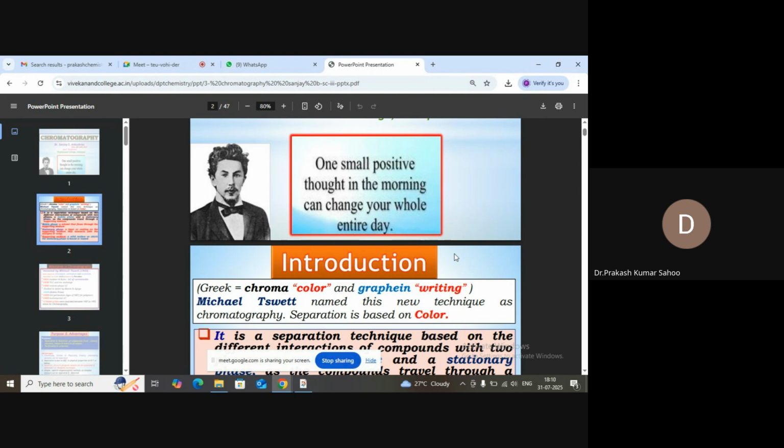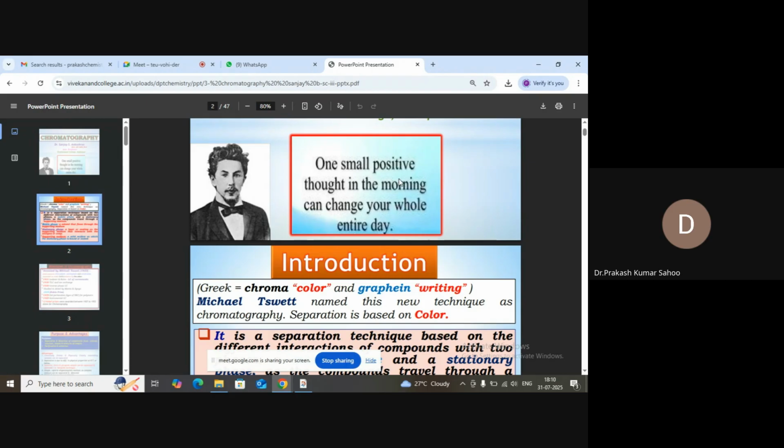This is a PowerPoint presentation based on the chromatographic separation technique. Michael Tswett introduced the whole world to the concept of chromatography in the year 1906.